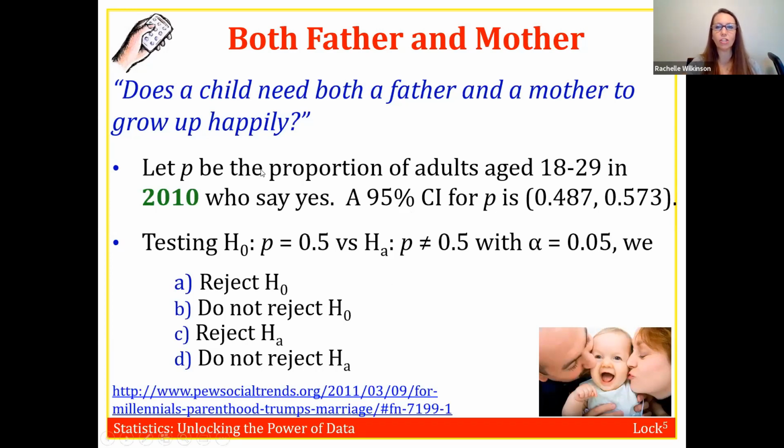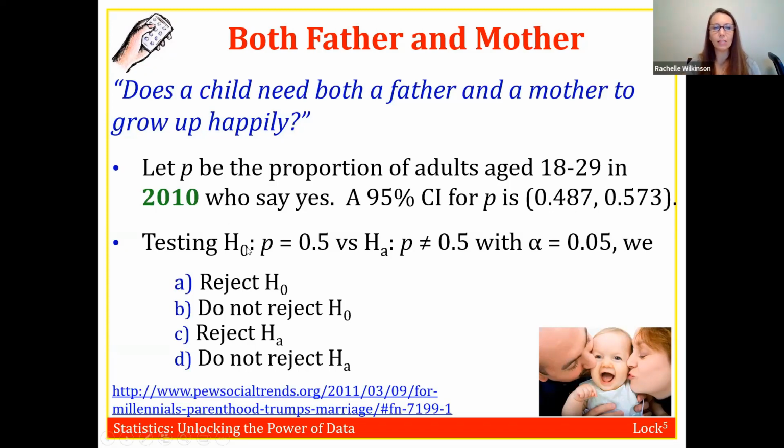I have a few more examples, and I think this will start to sink in. Here's a question they asked adults aged 18 to 29 in 2010: does a child need both a father and a mother to grow up happily? Based on their sample, the 95% confidence interval for the proportion who would say yes went from 0.487 to 0.573.